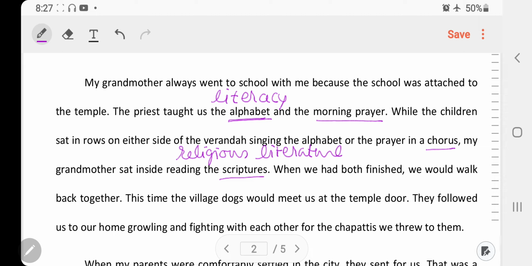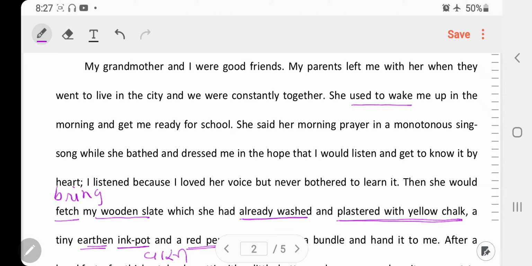અને પેલો આ જે પેરેગ્રાફ હતો, in the very first paragraph, this is the bondage between the grandmother and the grandson. So what was the bondage? દાદીમાં છે પહેલાંને સવારમાં વેકઅપ કરતા, જગાડતા, એન્ડ એને નવડાવતા, કપડાં પહેરાવડાવતા, અને ડ્યુરિંગ દેટ ટાઈમ શી ઓલવેઝ recite some prayer in a monotonous sing-song manner.